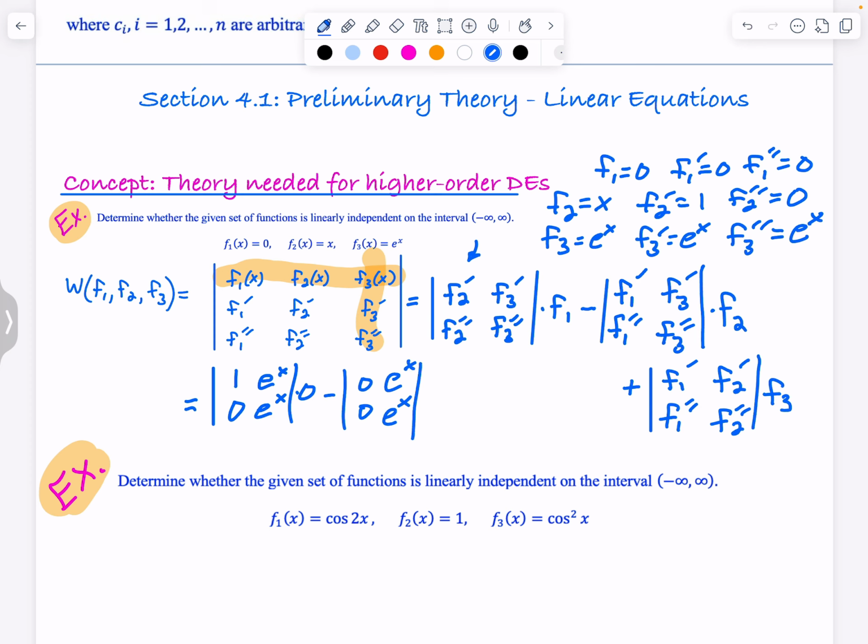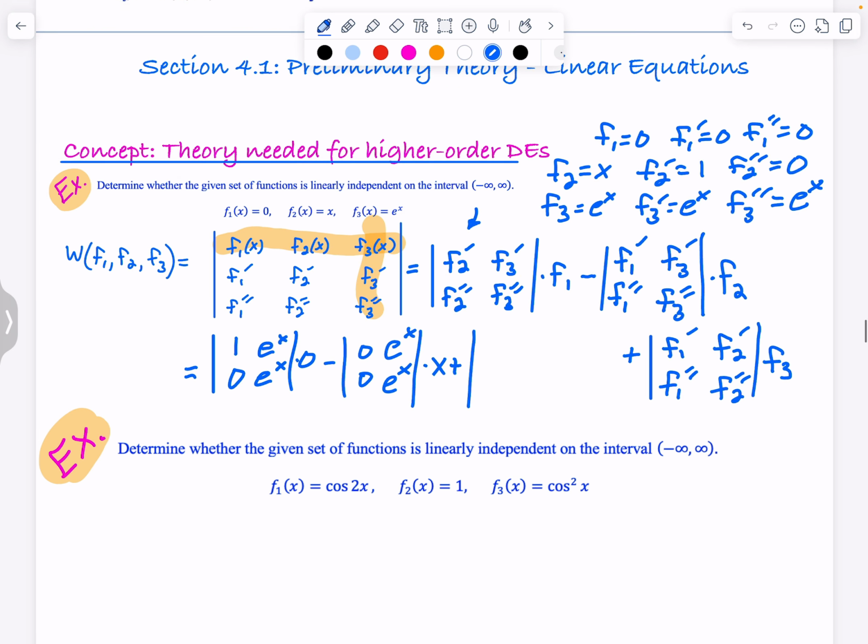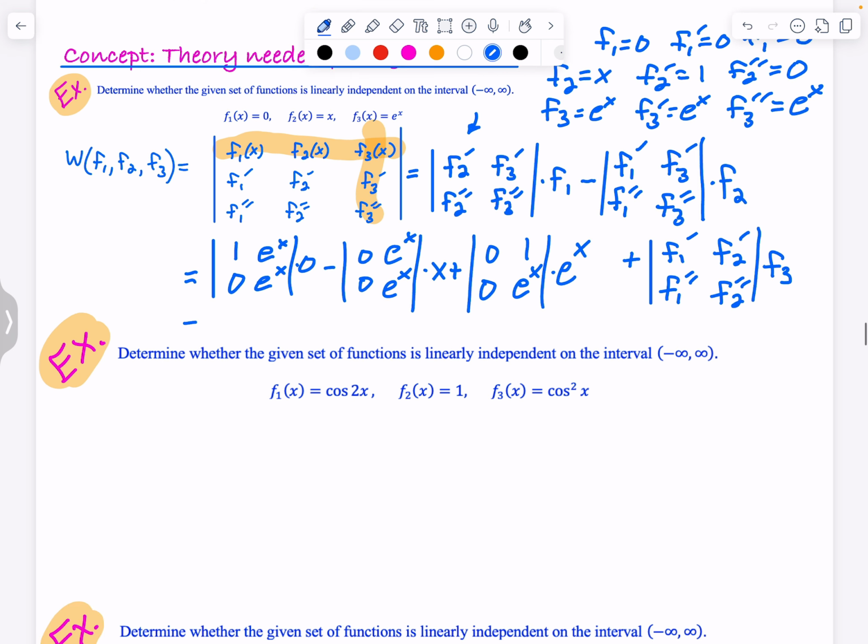I'm just grabbing each one times f2, which is x, plus, and then our last one, okay, is f1 prime, so 0, f2, f1 double prime. f2 prime is 1, and then an e to the x, and this will be times f3, and f3 was e to the x.